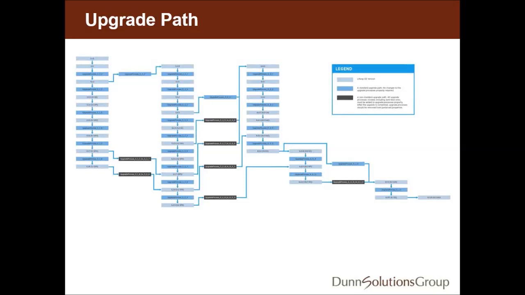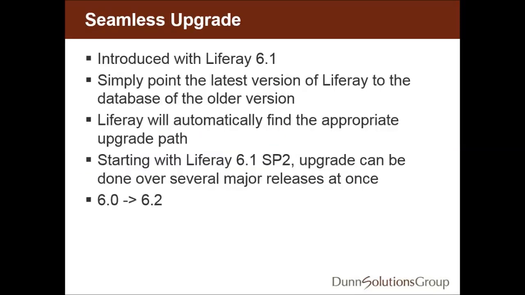Previously, if you wanted to upgrade Liferay's database, you had to look at what version you're on currently and what version you're upgrading to, and figure out what upgrade path you have to take. Then you would specify that in portal-ext.properties.